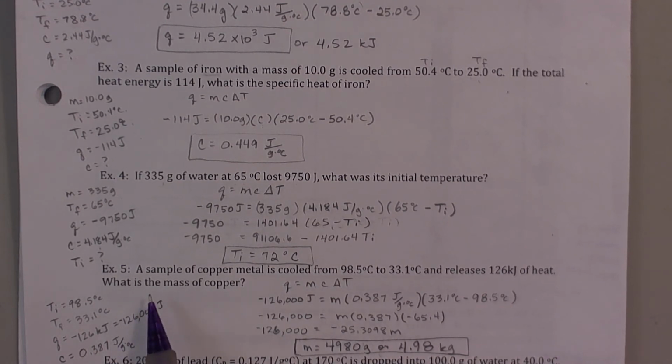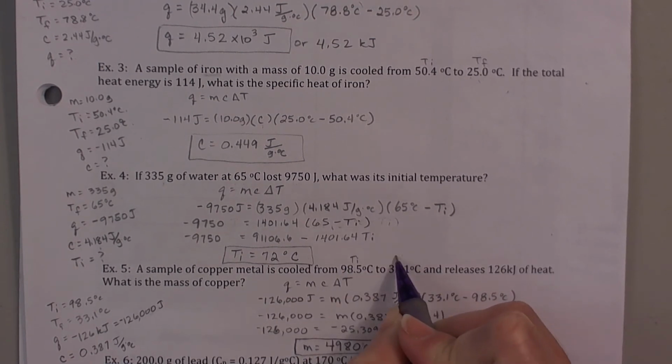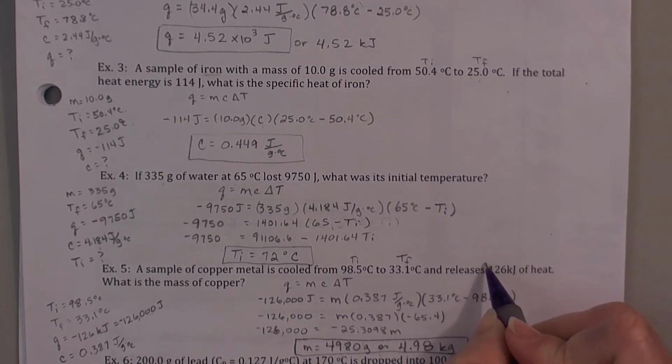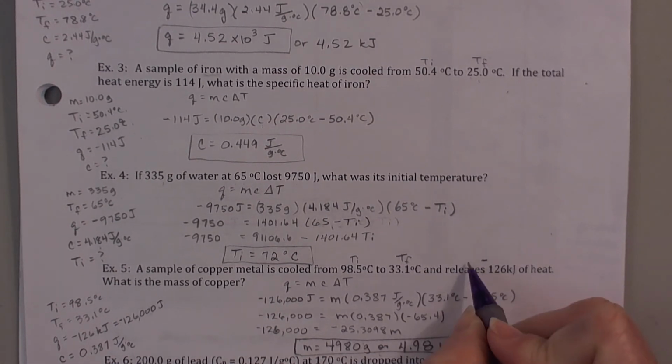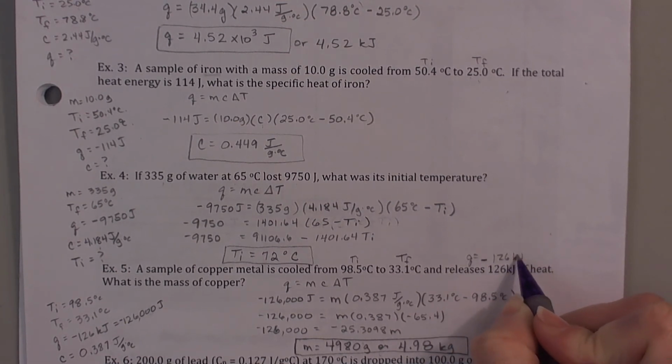Now number 5, it gives you a sample of copper metal. It says it's cooled from, this is your initial temperature, and 33.1 degrees Celsius is your final temperature. It says it releases 126 kilojoules of heat, so that means Q is negative 126 kilojoules.